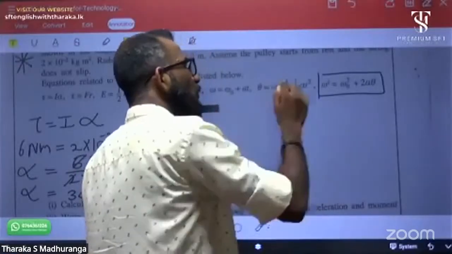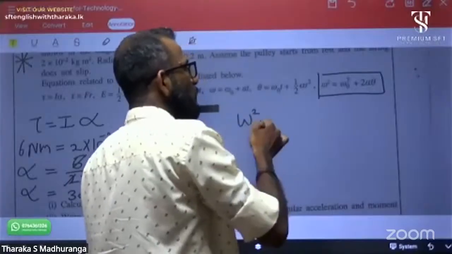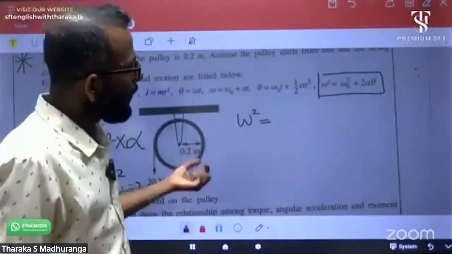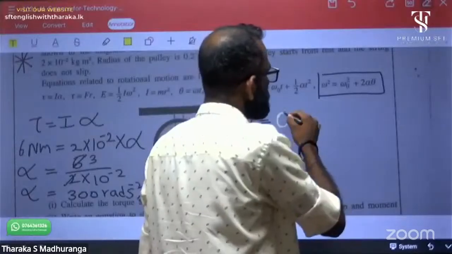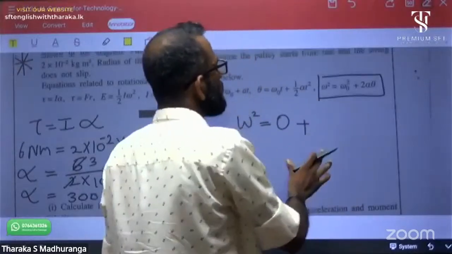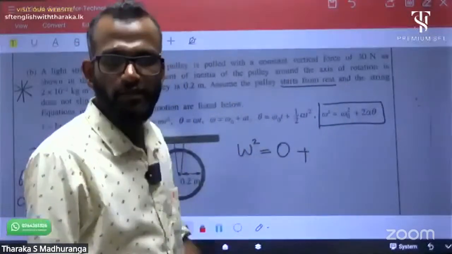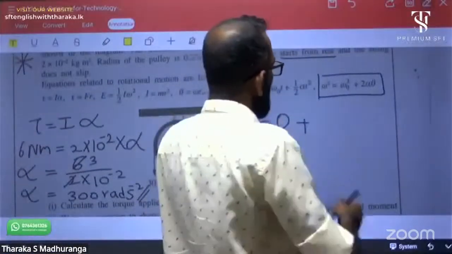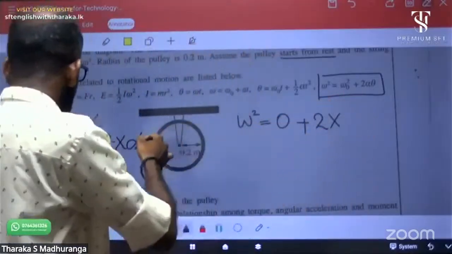Okay. Omega squared we don't know. Omega naught squared, the initial angular velocity, is 0 because it is starting from rest, right? Then the initial angular velocity is 0. And 2, alpha you found. Alpha was 300.